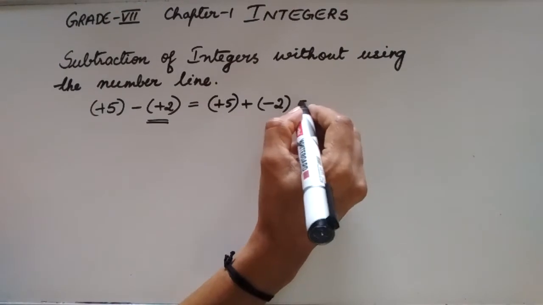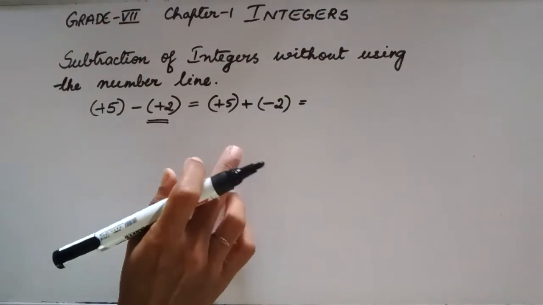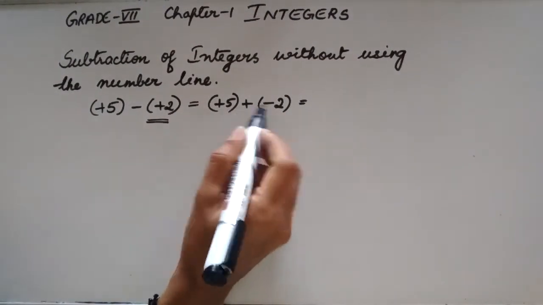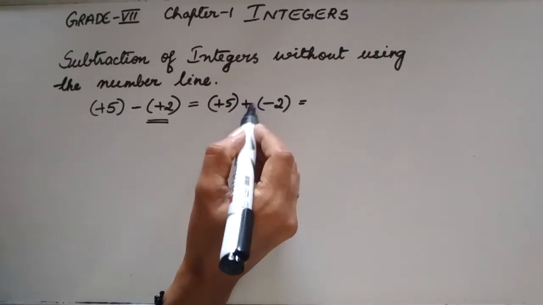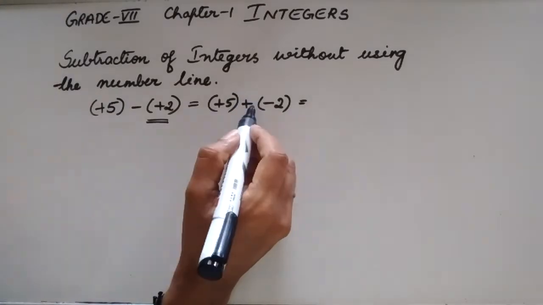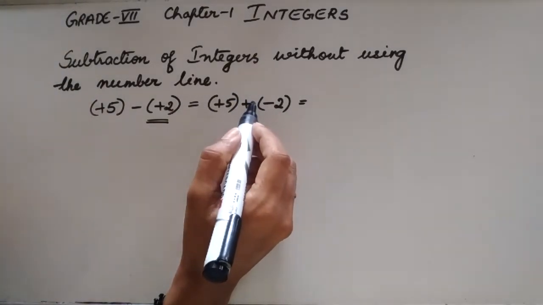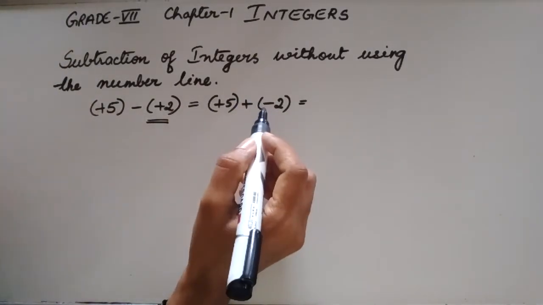Now what is the answer here? Now this is the addition of the integers. This was a subtraction of integers. Now it has been converted to addition of integers. So we know how to get the answer with the addition of integers.